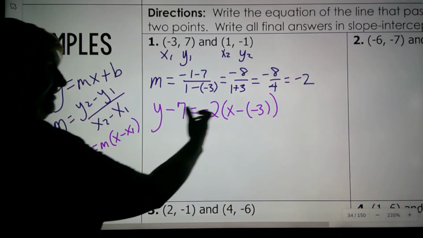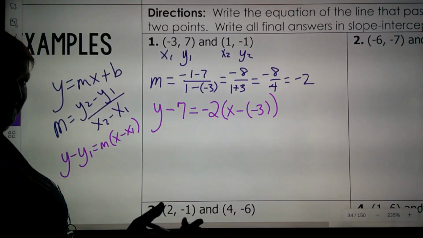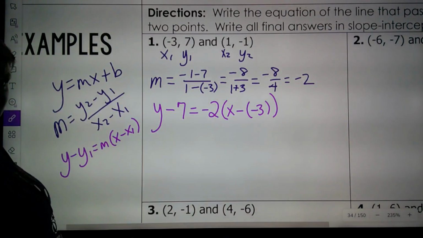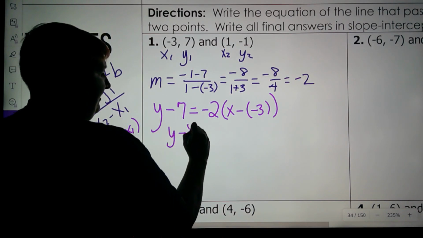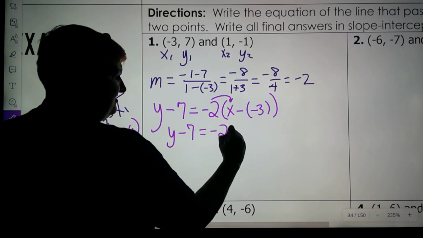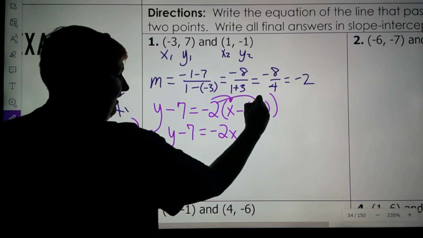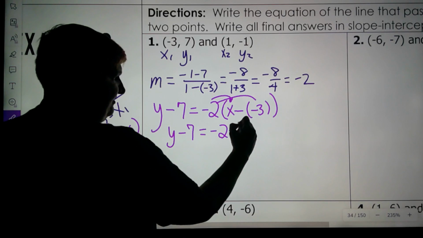And if you put it into the formula correctly, your answer will already be in slope-intercept form. Right, so distribute. Y minus 7 equals negative 2x. Be careful, this is a negative and a negative, so this becomes positive.